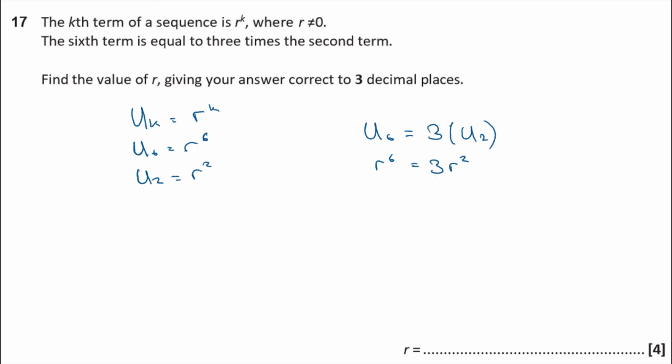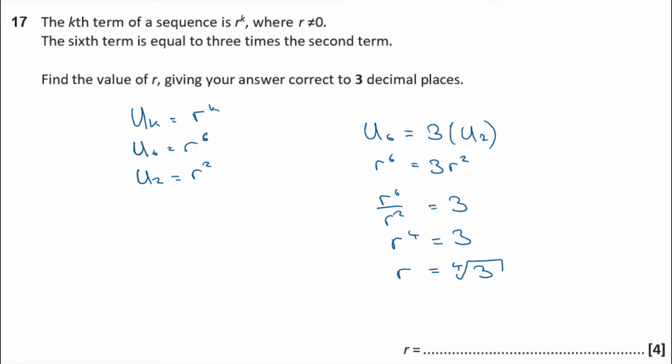So r to the power of 6 is 3 lots of r squared. Dividing both sides by r squared, I get r to the 6 over r squared equals 3. And r to the 6 divided by r squared is r to the 4. So r to the 4 is equal to 3, and therefore r is going to be the 4th root of 3.